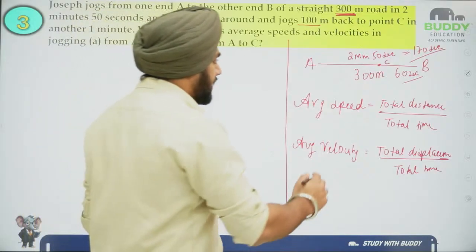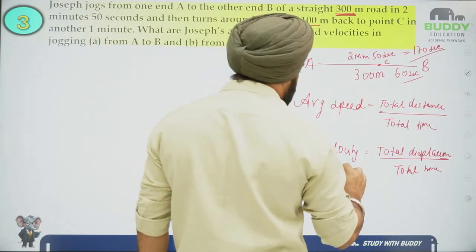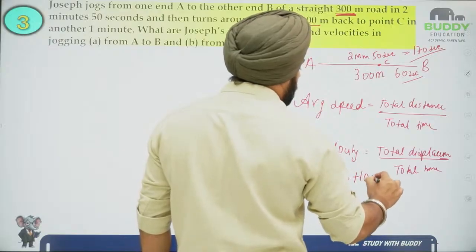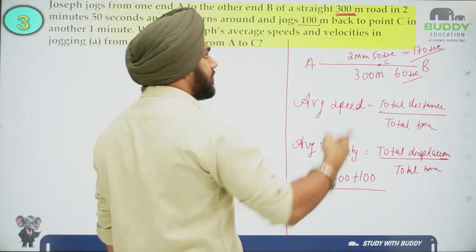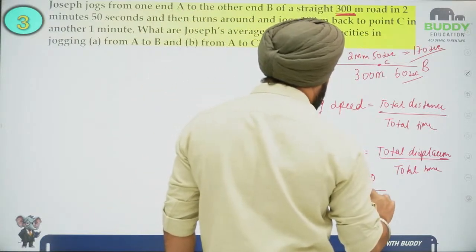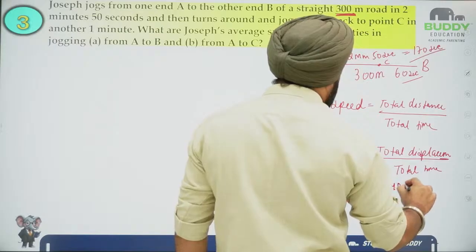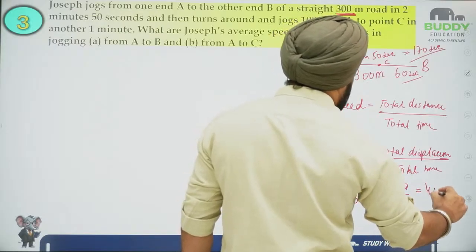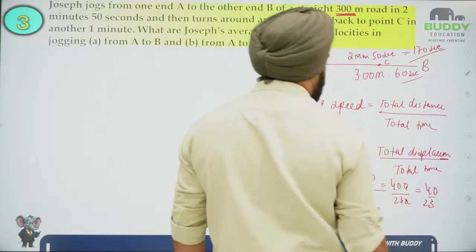So the total distance is 300 plus 100. Total time in seconds: 170 seconds plus 60 seconds is 230. So 400 by 230 is 40 by 23. Right?